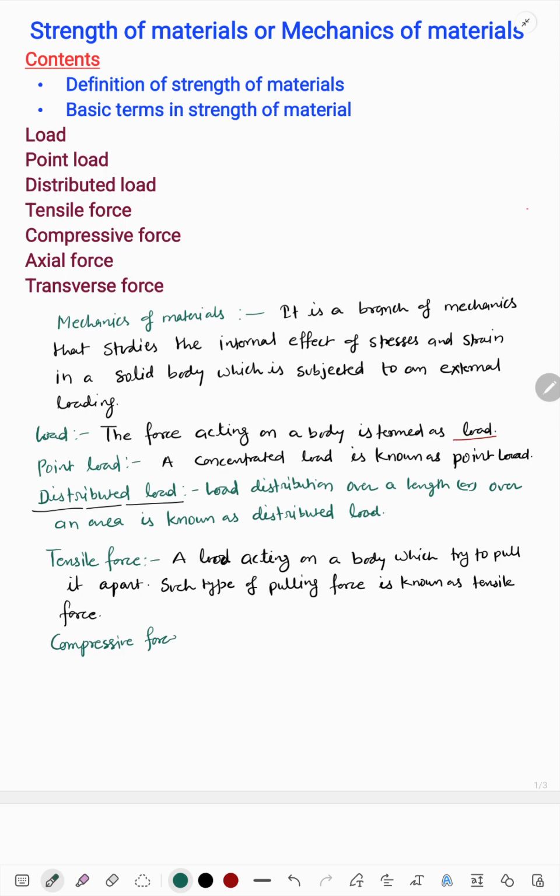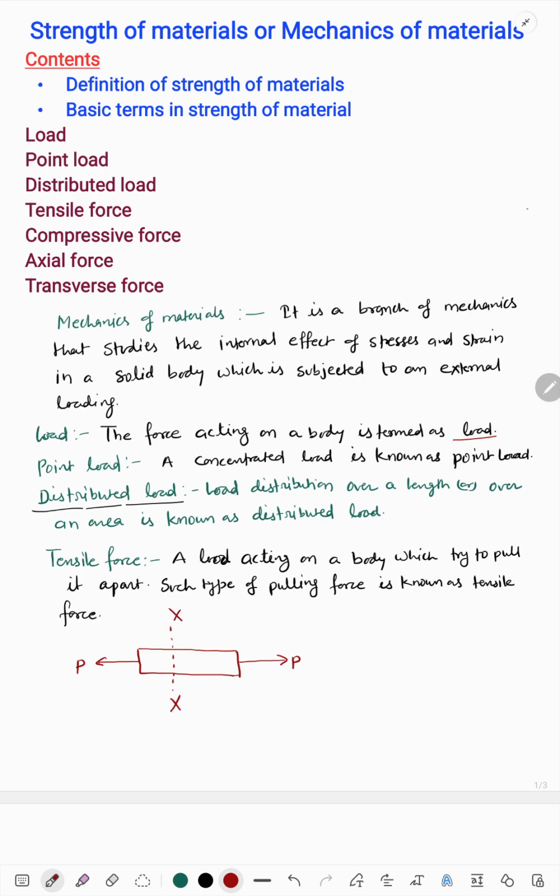Next, compressive force. How is it defined? But before defining this, let us have some pictorial representation of how it looks. Suppose this is a solid member, and a pulling force is applied at the end, and this is a section XX.